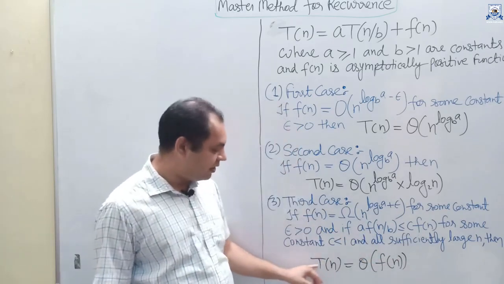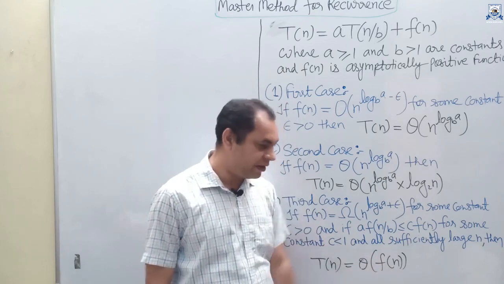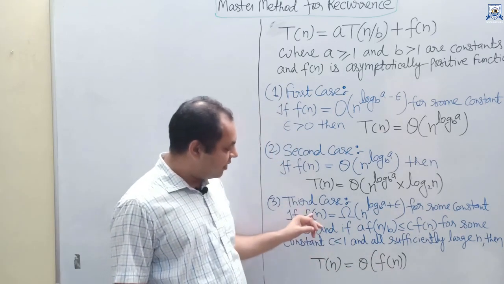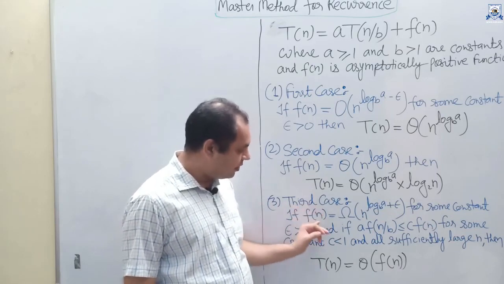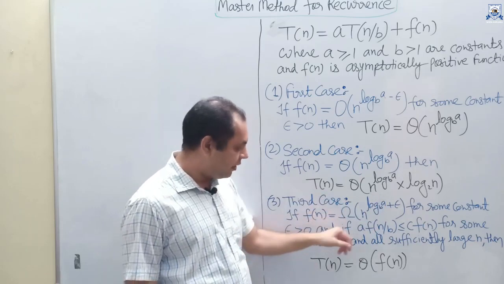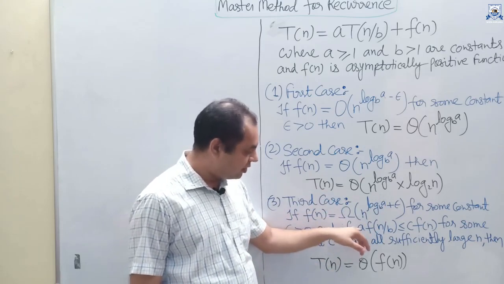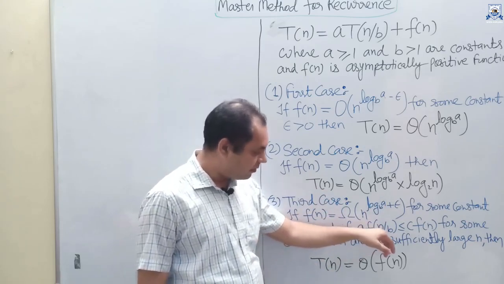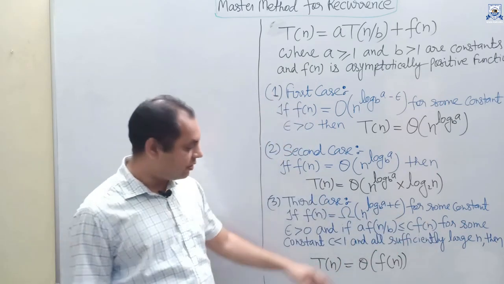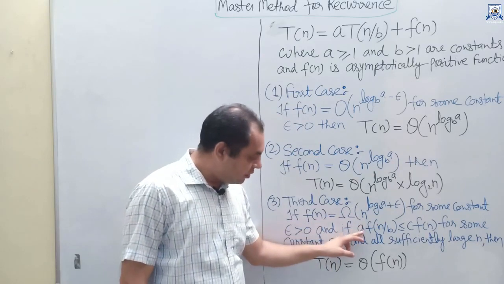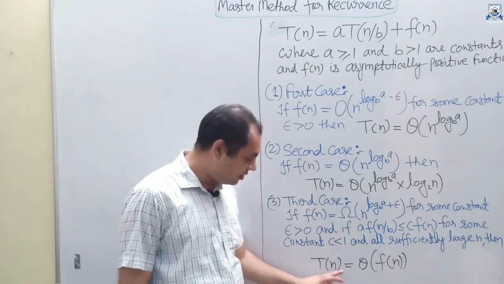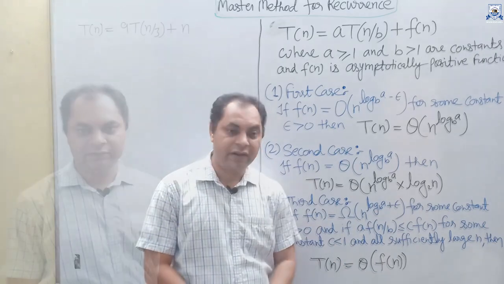Then the solution would be T(n) is equal to theta of f(n). That means for the third case, the value of f(n) should be greater than n to the power log a at base b, and we have to check the condition a f(n/b) less than or equal to c f(n). This condition is called the regularity condition. If both these conditions are true, then the solution would be T(n) is equal to theta of f(n).